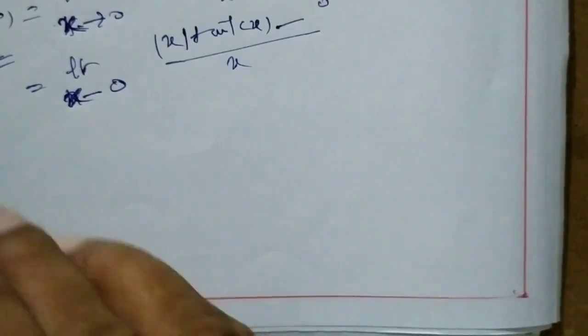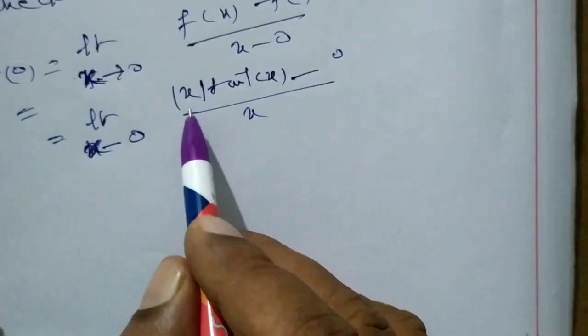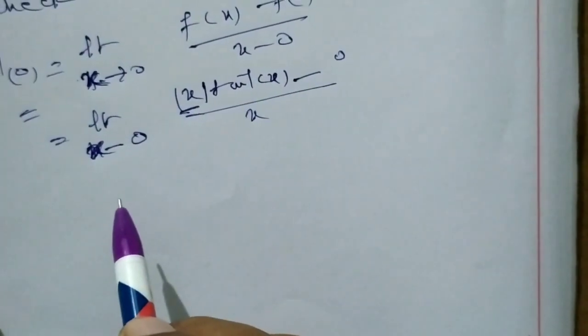So we need to find f dash of 0 as it contains a modulus of x.